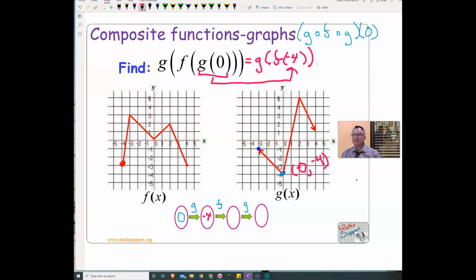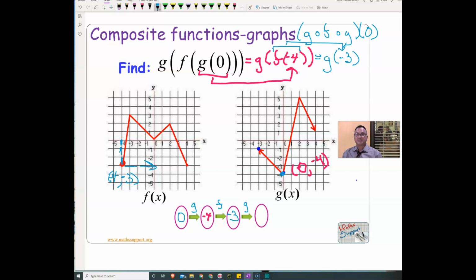Now we're going to use -4 as our input. Okay, that's right here. And its y coordinate is -3. So that's the point -4, -3. So the output is -3. So this now is going to be G of -3. So I took this whole thing out and put -3 in.